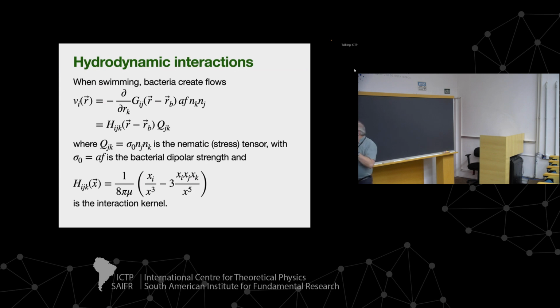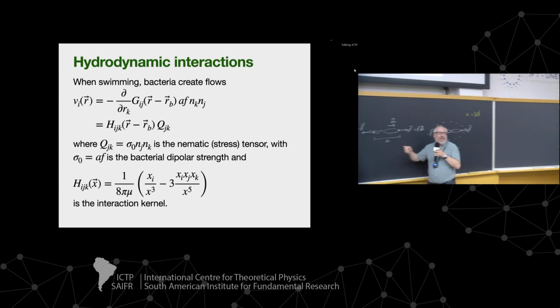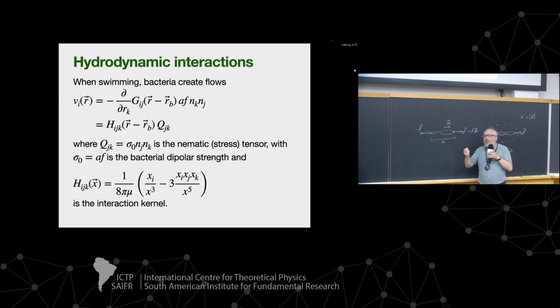Okay, so what I'm going to do, at first sight, it looks like this is a very crude approximation. You say, okay, a bacterium is not a point force, and then you say it's two point forces. You can believe that or not, but probably it's not actually a bacterium.